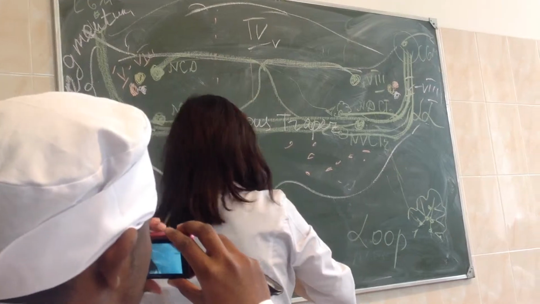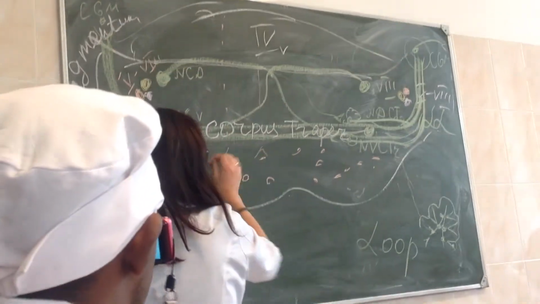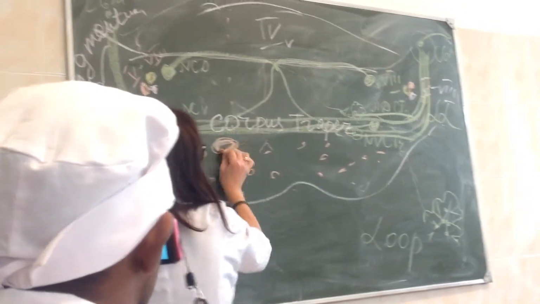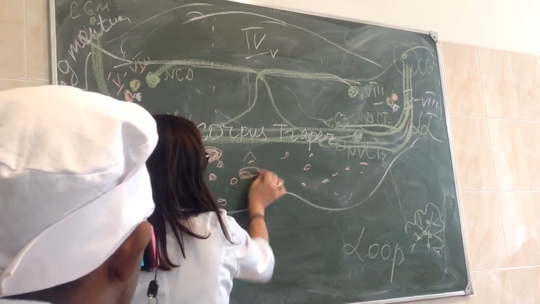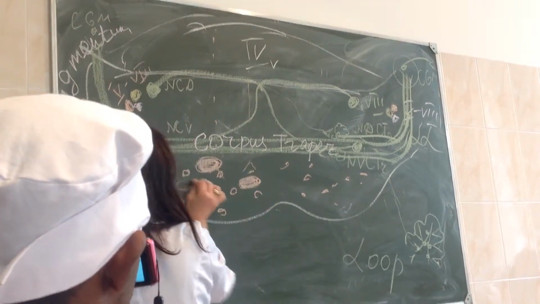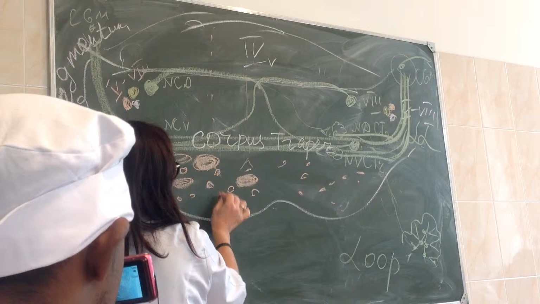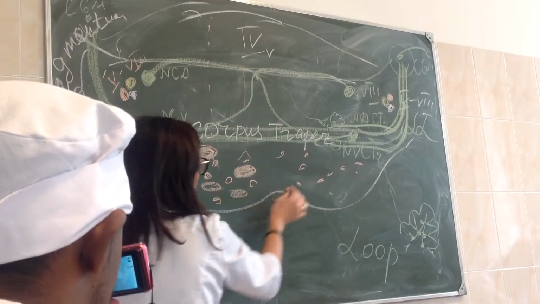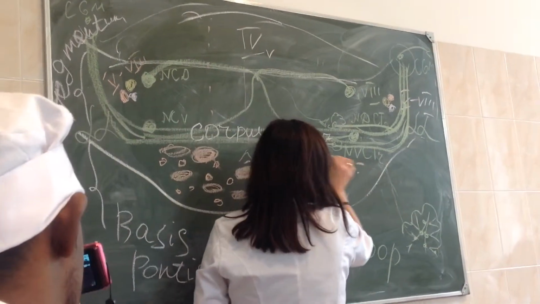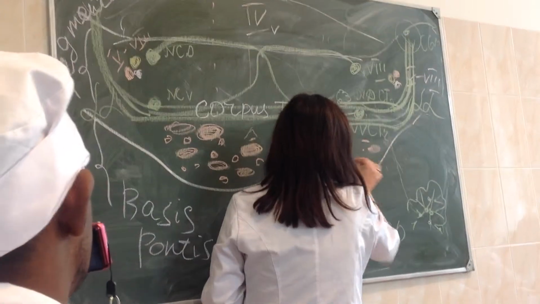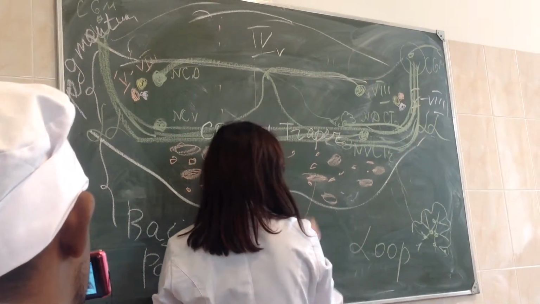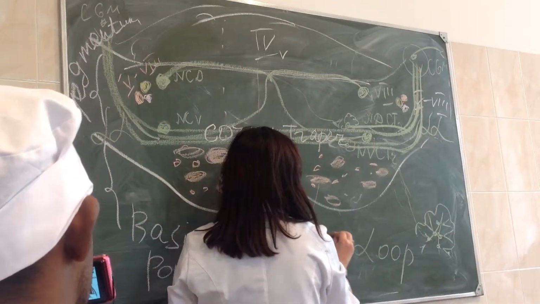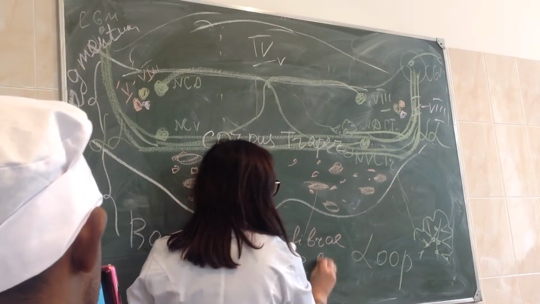Corticopontine fibers. What direction do they have? A longitudinal direction. That is why on a transverse section they have the shape of these bundles. They are called fibrae pontis longitudinales.